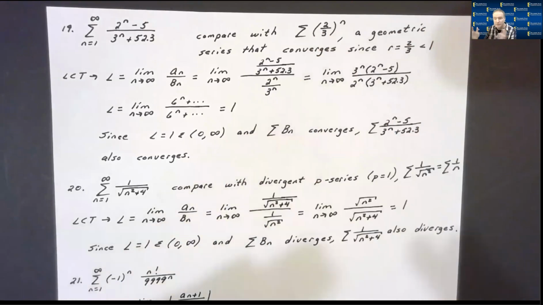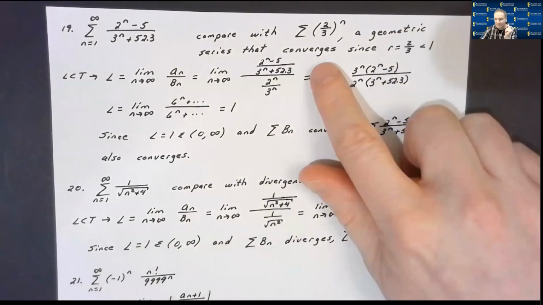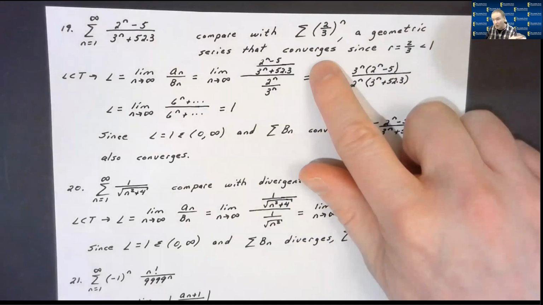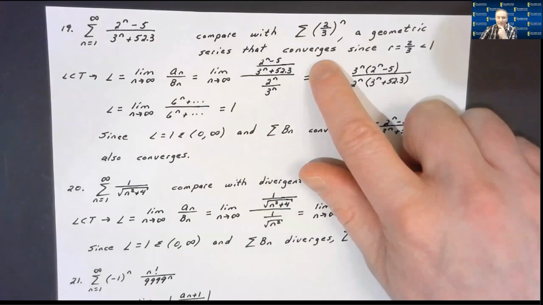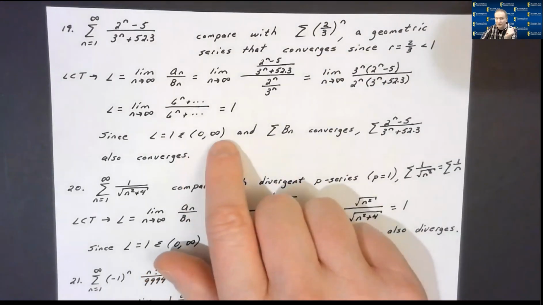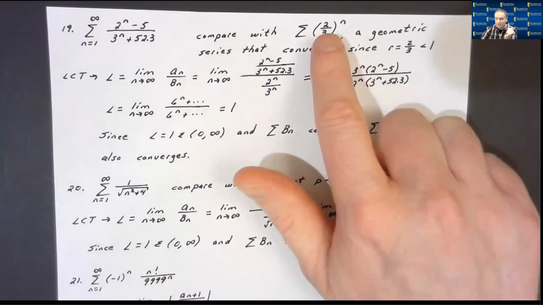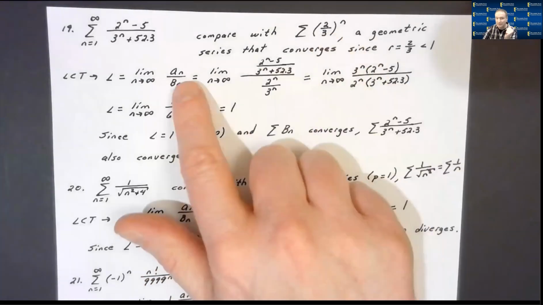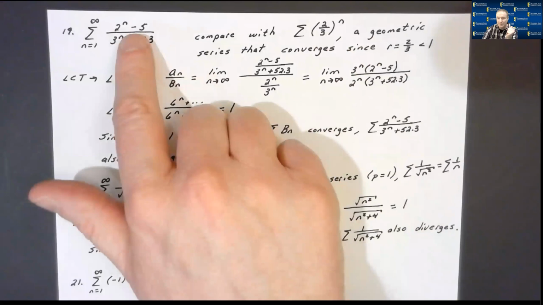If you're a constant multiple of something that has a convergent finite answer, then you also have a convergent finite answer. Well, what if you're infinitely times larger than it? Then you're divergent. So as long as this answer is some finite number between 0 and infinity, whatever happens to our series that I'm calling b sub n here is going to be the same thing that happens to this series.